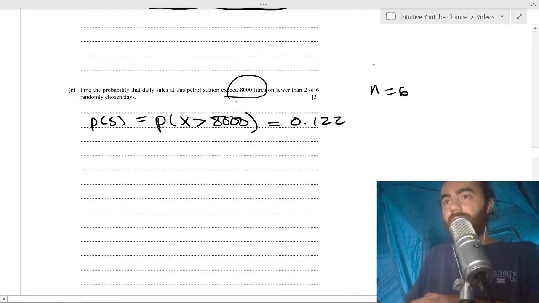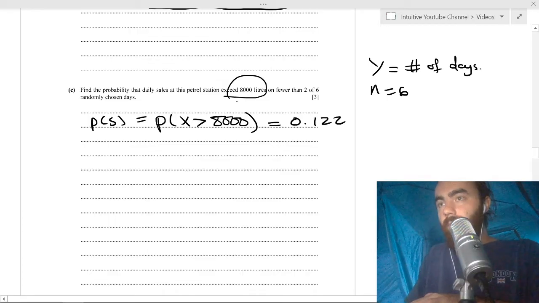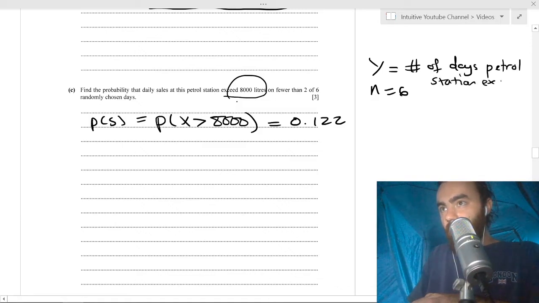What's the likelihood? So if you want to be really explicit here, you can say y is the number of days the petrol station exceeds 8,000 litres.